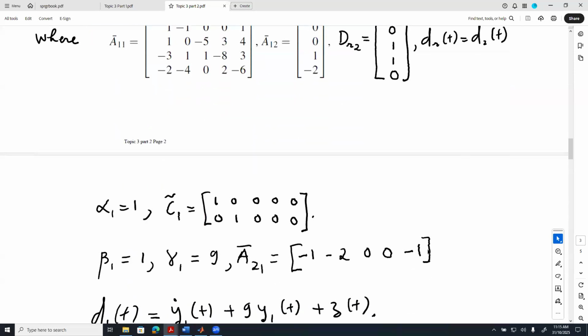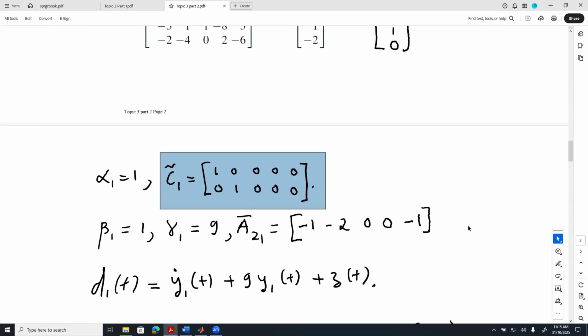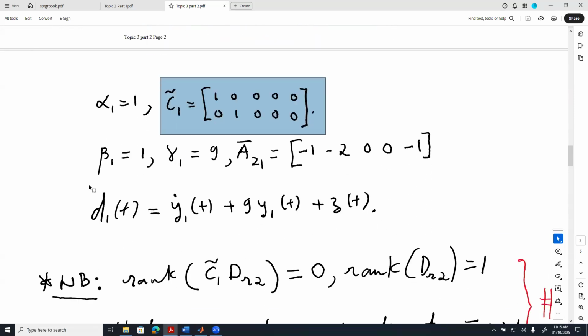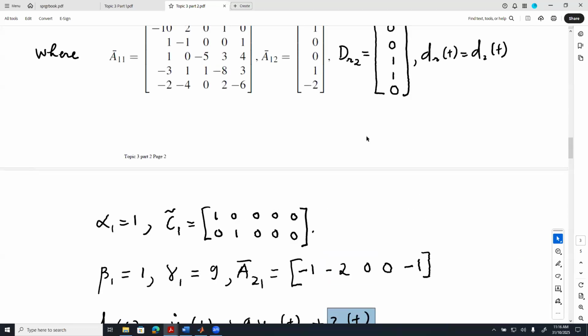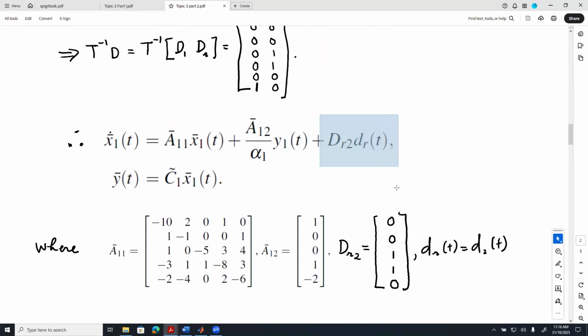And then we also obtain the output matrix C tilde 1, and the unknown input D1 is in its simplest form, which contains the first derivative of the output measurement Y1(t) and a linear combination of the state vector of the reduced order system with disturbance.